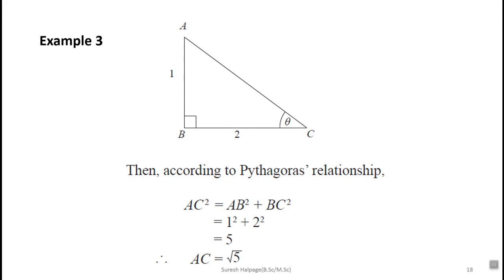We know that from Pythagoras theorem. So AC is root 5. We can mark AC as root 5.